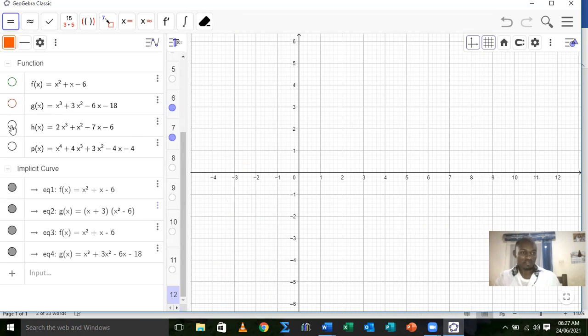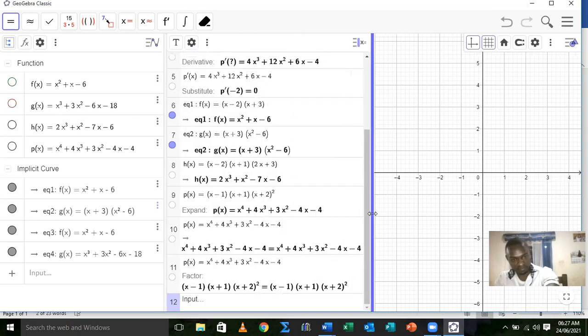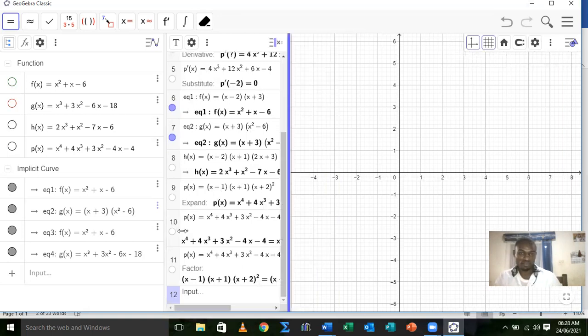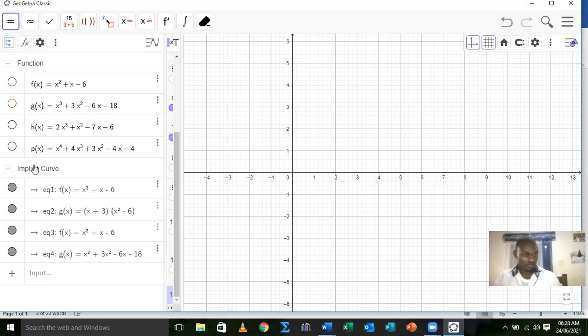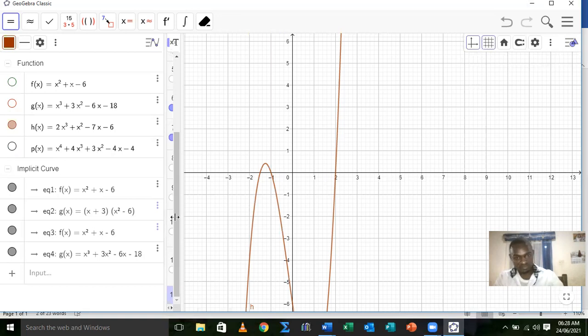Moving to the next, h of x, that polynomial shows in the factorization that there are 3 linear roots, a root at 2, a root at -1, and a root at -1.5. Let us verify from the function. A root at -1, a root at 2, and a root at -1.5.